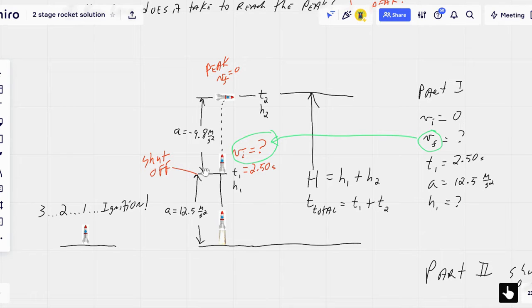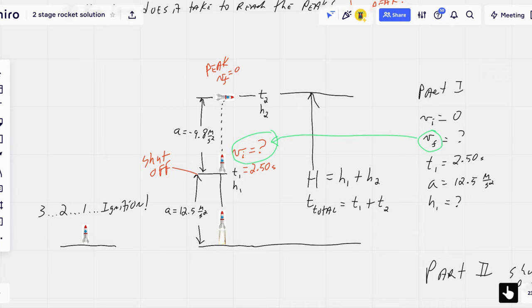At that point, the engine shuts off, and now the acceleration becomes negative 9.8 meters per second squared. But it has accumulated some velocity at that point. It started on the launch pad at zero velocity, and at the point where the engine shut off, it has some final velocity.